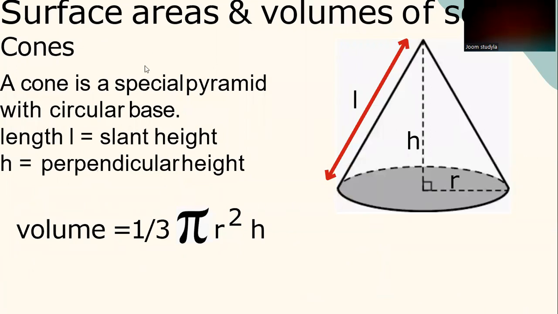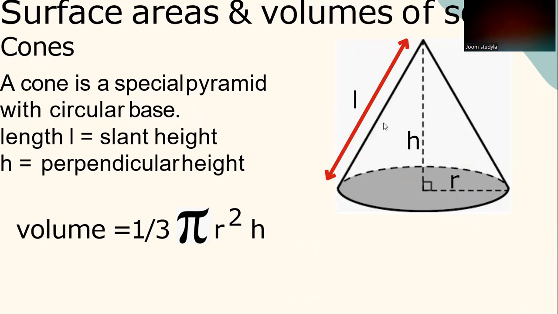If you see a cone, a cone is a special pyramid with a circular base. This is the circular base. The length L is the slant height. It's a slant height, not a straight line.